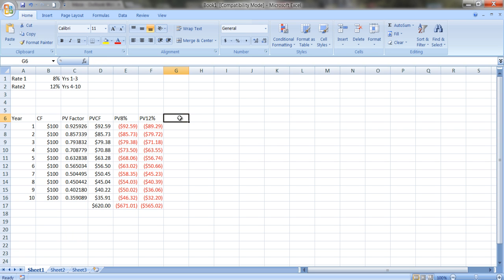And let me do the case that most people do incorrectly. Let me put a space here so that you know this one isn't correct. This is the case that I found students do oftentimes. They do the following. They do the present value is equal to the rate, B$1, and the number of periods is A7.